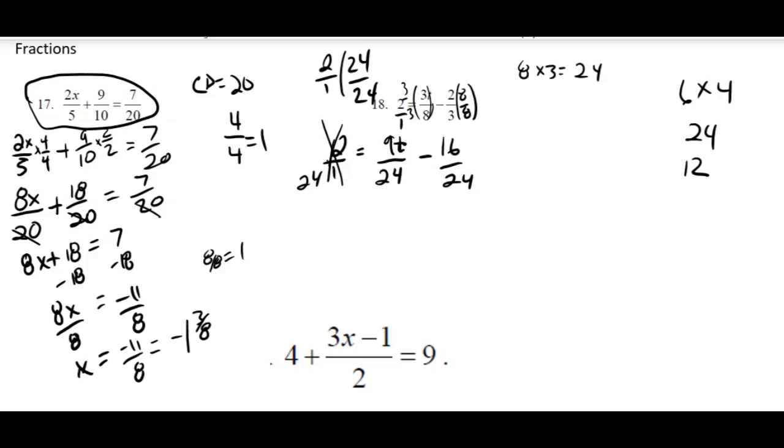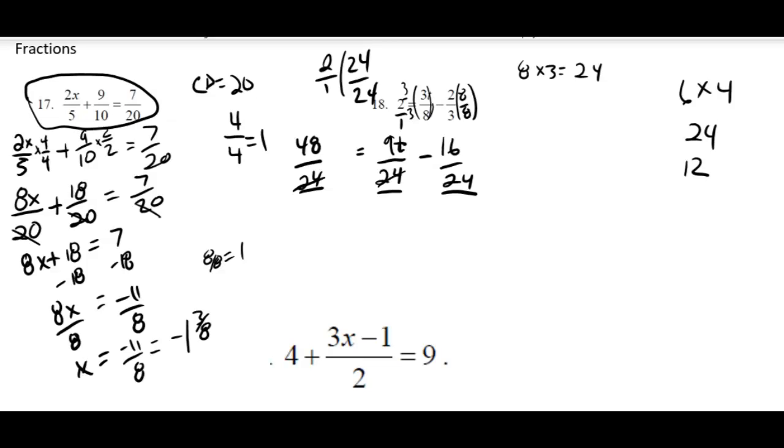So I don't want 2 over 1, I want 24, and 24 times 2 is 48. So that's really what I need over here, because all 3 of my bottoms have to match. So, sorry, you can erase that part there. Make sure you have 48 over 24. I just jumped the gun on that a little bit and started to focus on this over here.